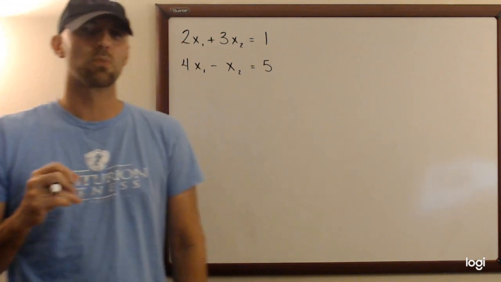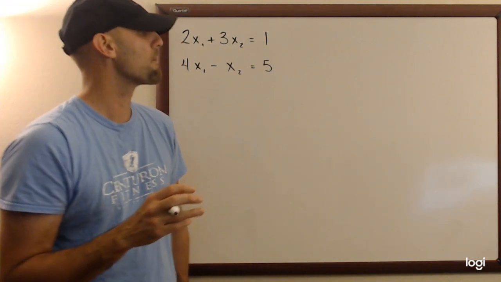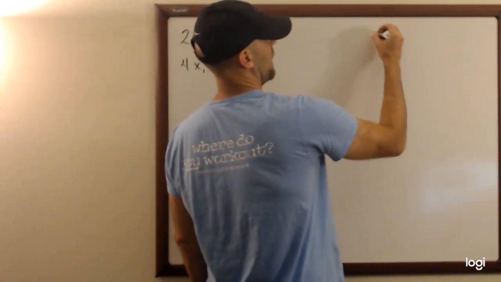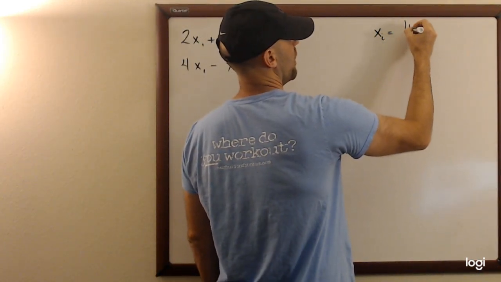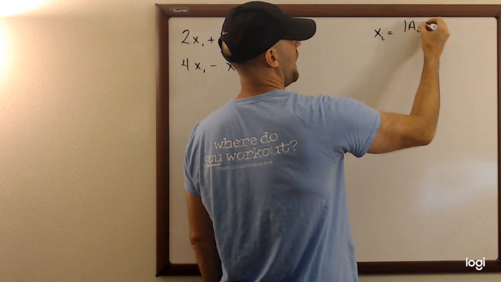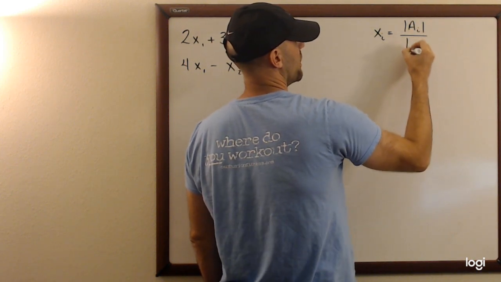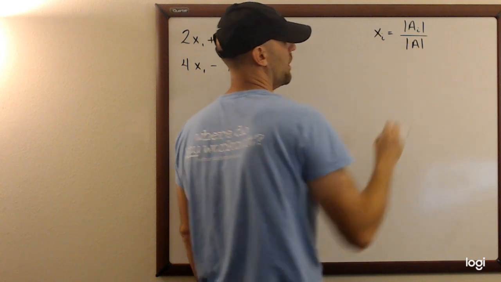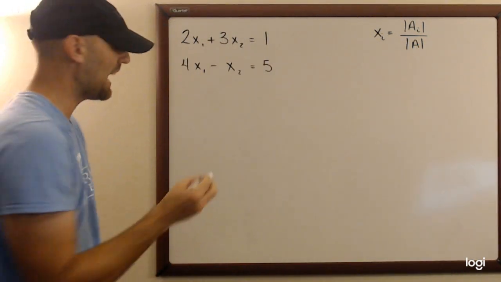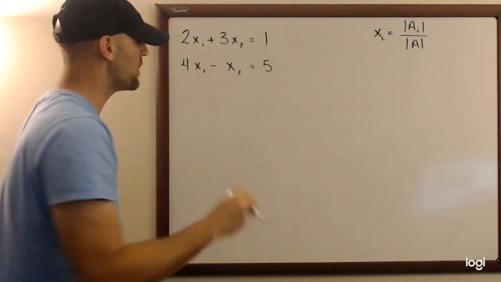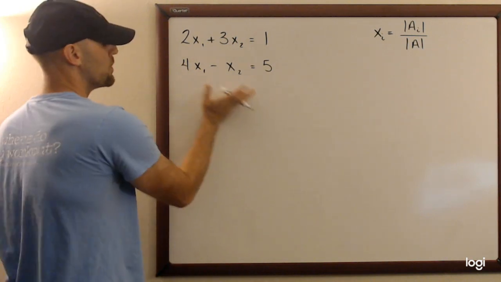And here's what Cramer's rule says. Cramer's rule says that x sub i is equal to the determinant of A sub i divided by the determinant of A. Now, of course, what do these things mean? Well, A is exactly what we've been using. A is the representative matrix for this particular system.